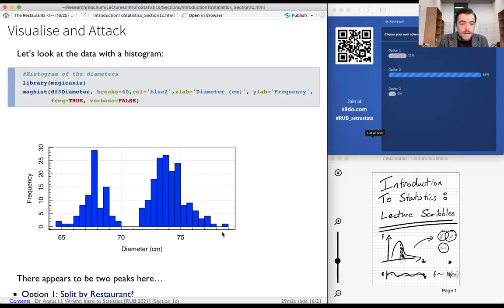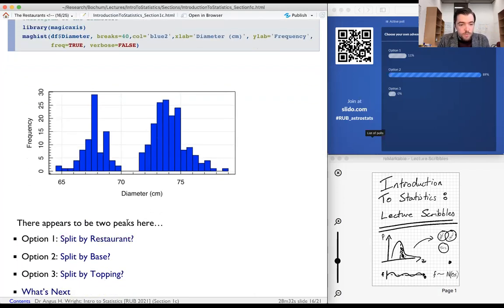Now, already you could start to infer some possible hypotheses in your mind, right? These could be the differences between the thin and thick base pizzas, or this could be something to do with the restaurant that you're ordering from. Both totally valid possibilities, okay?